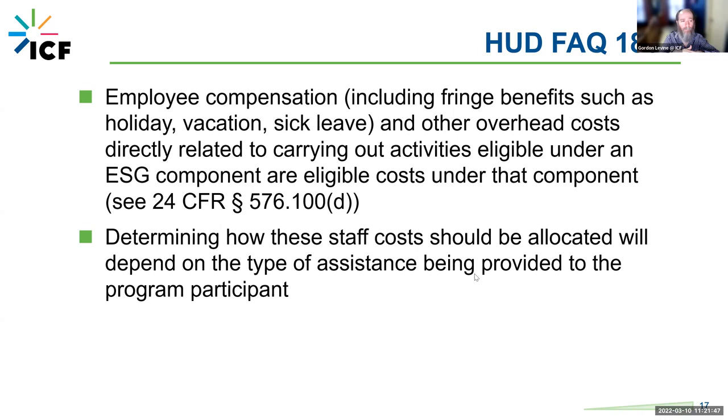And I'm highlighting this because, and you know that I like to draw on stories, there was a subrecipient, and I won't say for what program, and I won't say where, that I worked with for several years, that had an executive director whose entire salary was being charged to, and this is tied to the admin for a certain HUD program. The executive director was earning well over $100,000 a year.